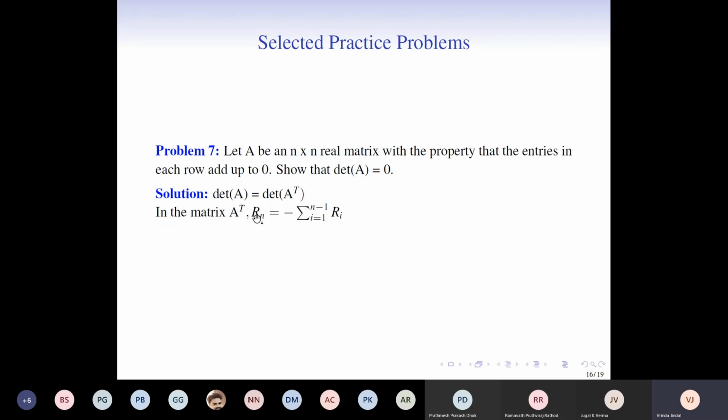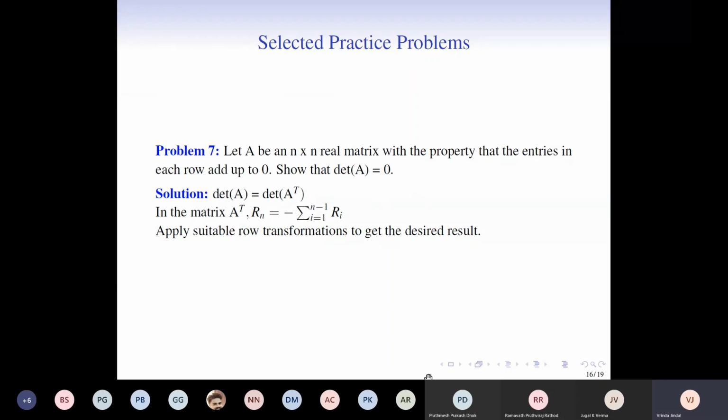So it can be written that row n is the sum of row i, where i goes from 1 to n minus 1, and we take the negative of this. So we simply do a row transformation, like we add row 1 plus row 2 up to row n minus 1 to row n. So row n will become a row of zeros.